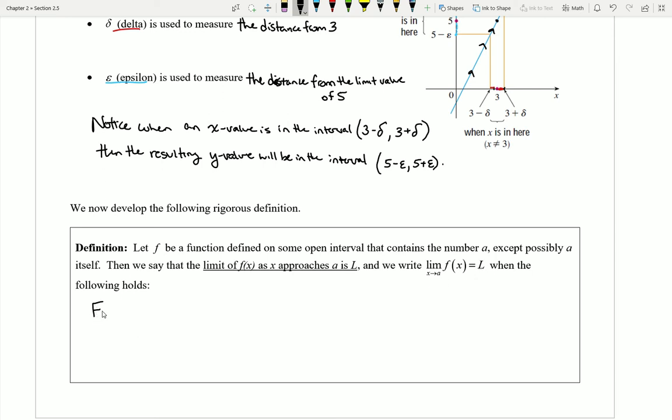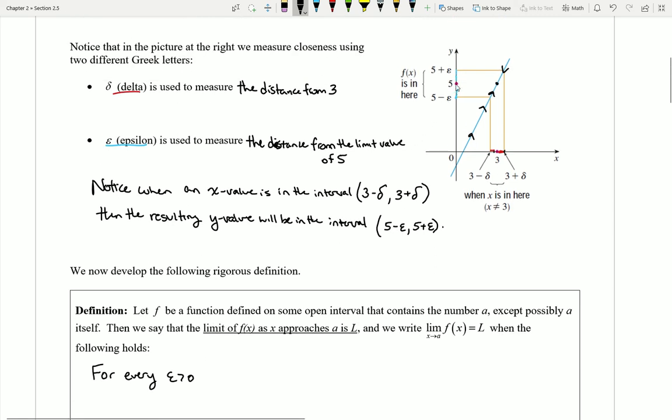We need to have that for every epsilon value that is greater than 0. That is, for every gap in y values, no matter how big I want to make this interval, I could make epsilon a 10 and go from, what would that be? 5 minus 10 would be negative 5 up to 15. I could make a really big interval in blue. I could make a really small interval in blue, no matter what I plug in for epsilon.